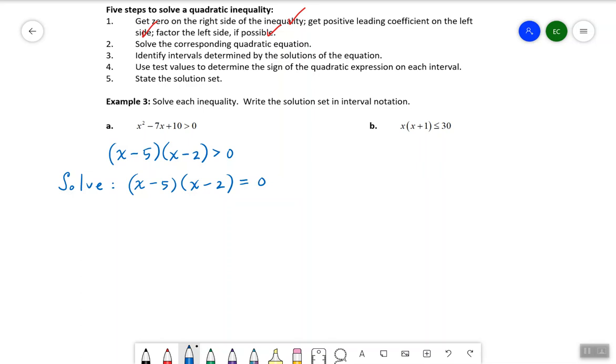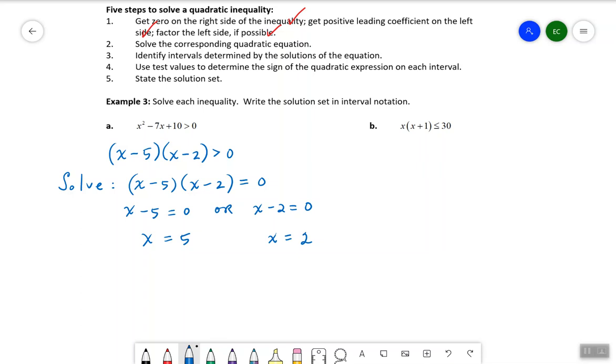It's a different problem. It's the equation that's going to give us some information to help us to solve the inequality. Once we're already in factored form, this will go pretty fast. We'll just get x minus 5 equals 0, or x minus 2 is equal to 0. And your two solutions then are x equals 5 and x equals 2.